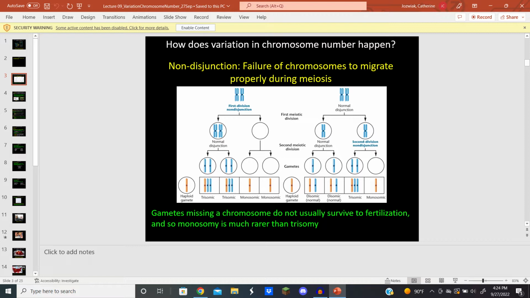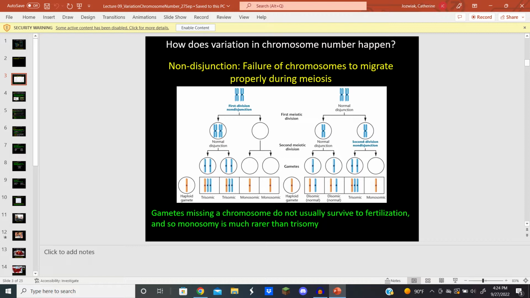In that case, the homologs end up in the same cell, which ends up being a diploid cell. And then the other cell doesn't receive any copies of that chromosome, and ultimately you end up producing gametes that either have 3 copies, which is called trisomic, or none.